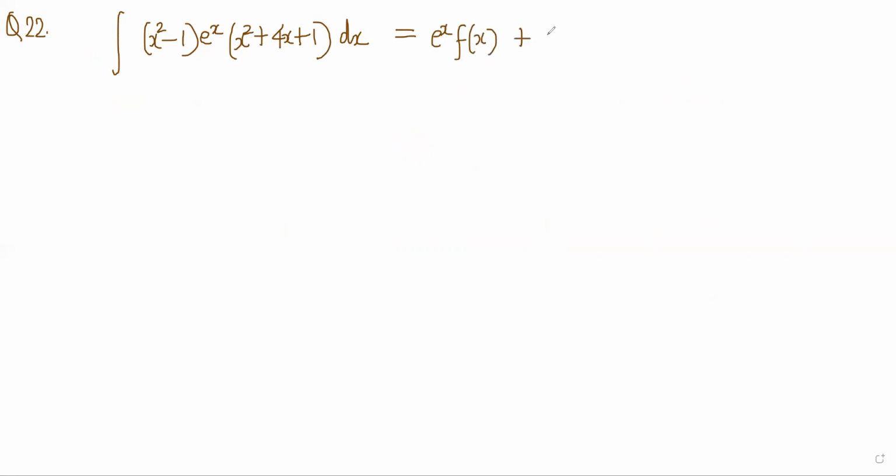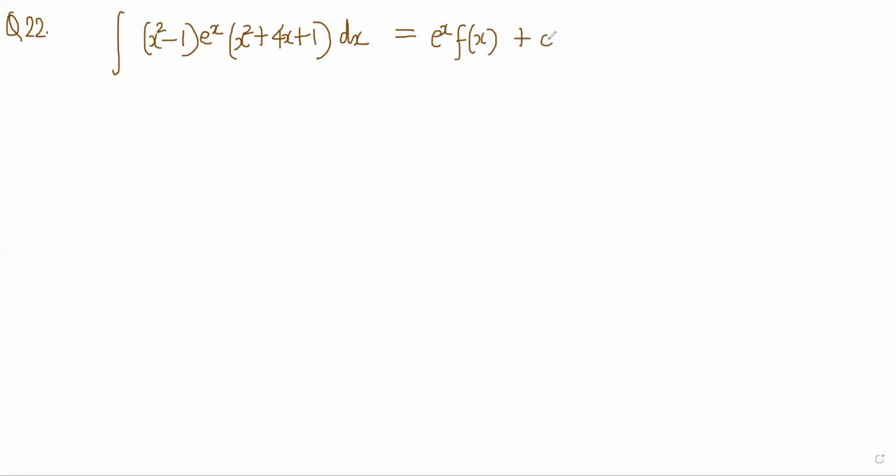Question number 22. This talks about let integral of x square minus 1 e power x, x square plus 4x plus 1 dx be equal to e power x f of x plus c, right?